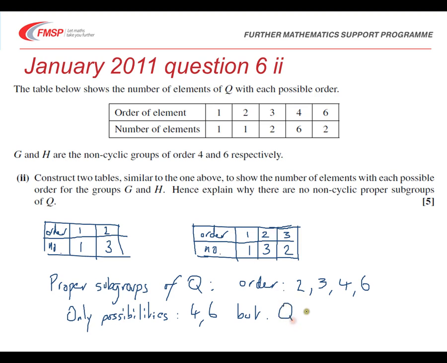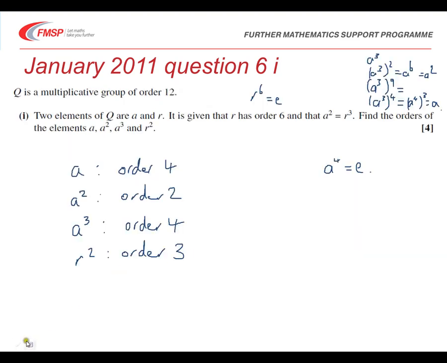But Q has only 1 element of order 2 and these need 3, these 2 here.